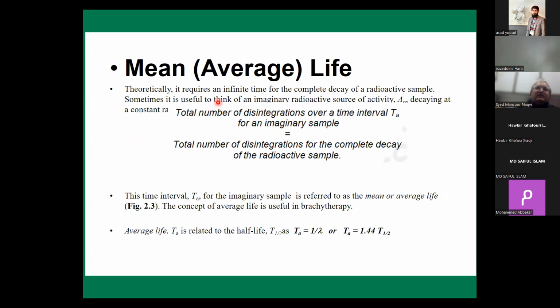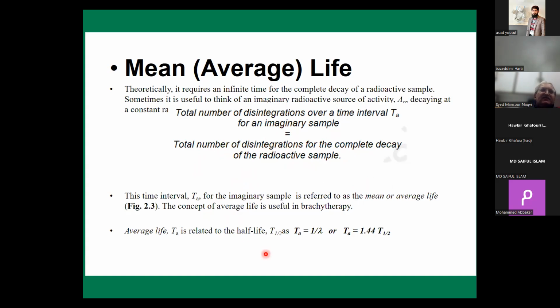Another parameter which we refer to is the mean or the average half-life. Theoretically, it requires infinite time for the complete decay of a radioactive sample. So sometimes it is useful to think of an imaginary radioactive source of activity A decaying at a constant rate. And this is how we describe the relation, that the total number of disintegrations over a time interval Ta of an imaginary sample is the same as the total number of disintegrations for the complete decay.